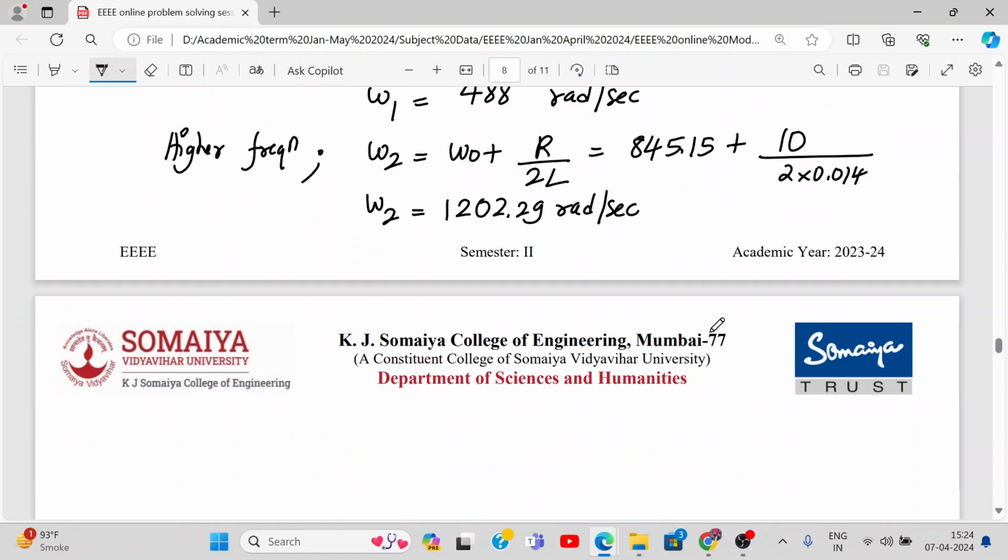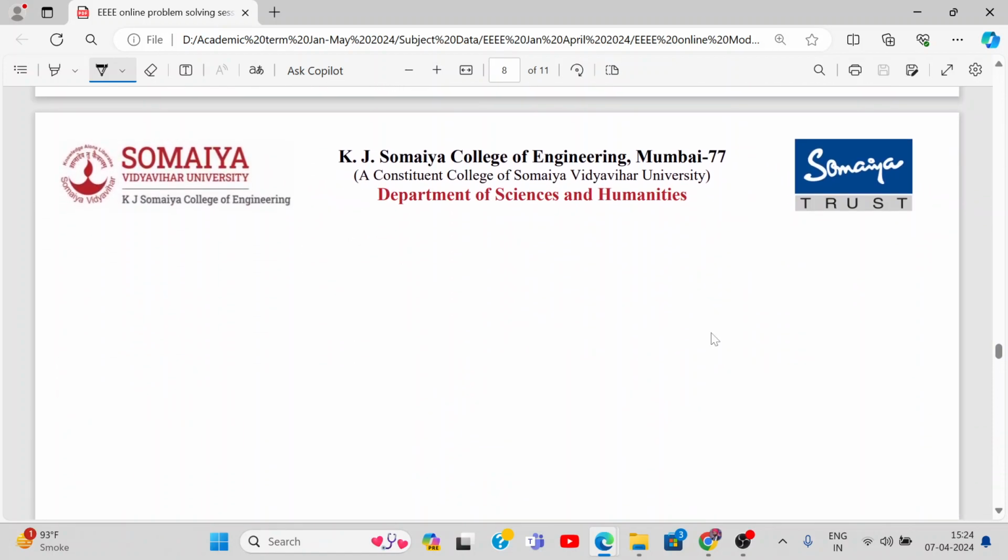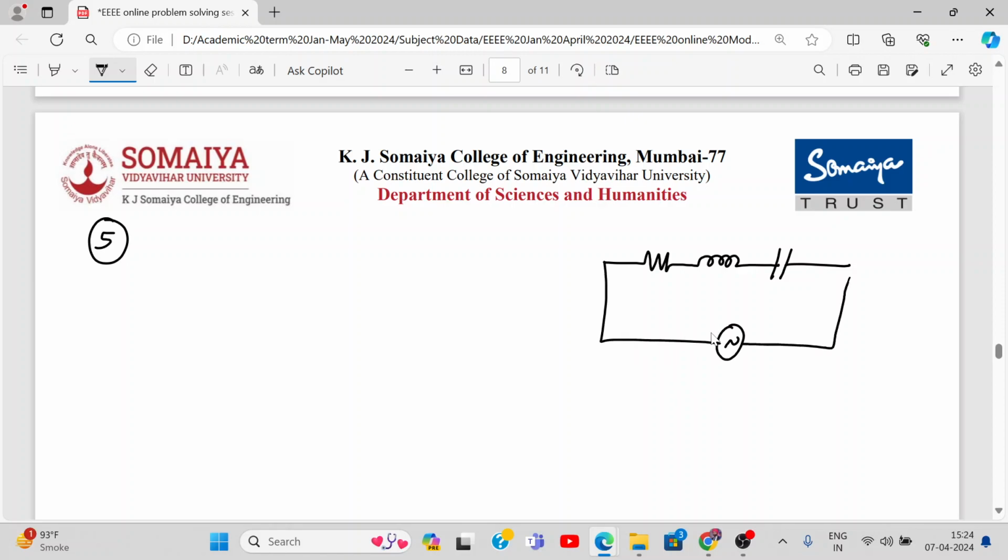Now we'll go to the third part, which is very crucial. What they are saying is we have an R, L and a C, okay? And they have given this value, 1 sine of 1000t.